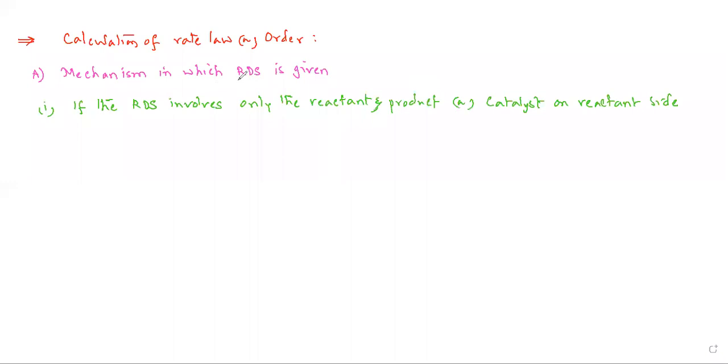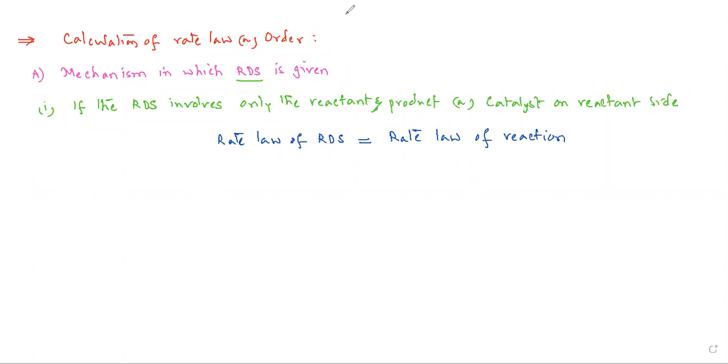Remember here, the rate determining step is given. In this kind of case where the rate determining step involves only the reactant and product, it's a simple reaction. In such a case, you can straight away take the rate law of whatever the rate determining step is as the rate law of the reaction.